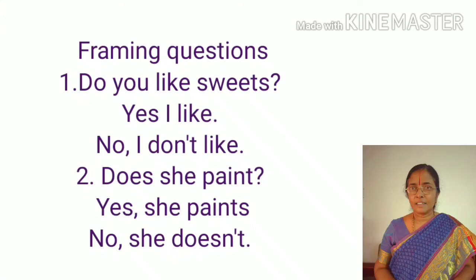The negative form of it is no, she doesn't. So all these things you have to keep in mind, especially agreement of subject. If the subject may be proper noun or pronoun, we have to keep all these things in mind while framing questions, statements and negative forms if the sentences are in simple present tense.